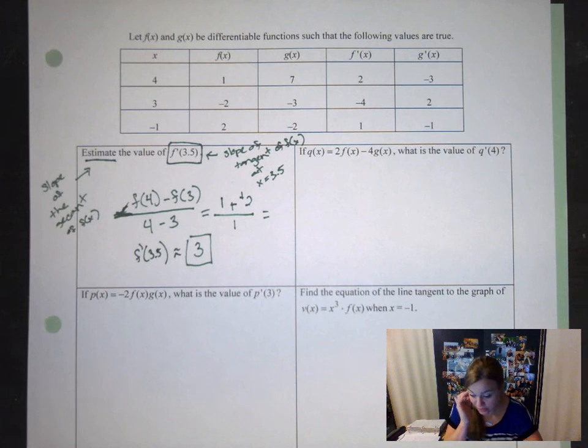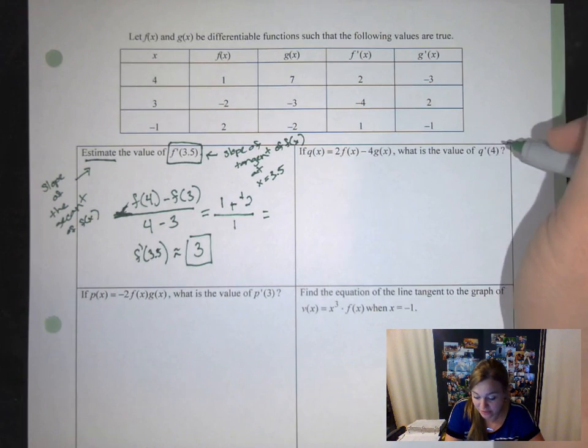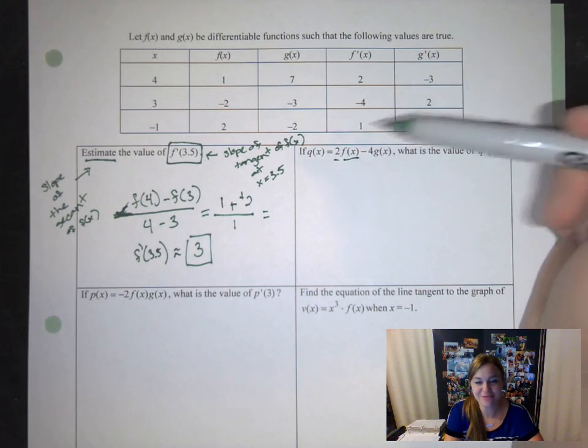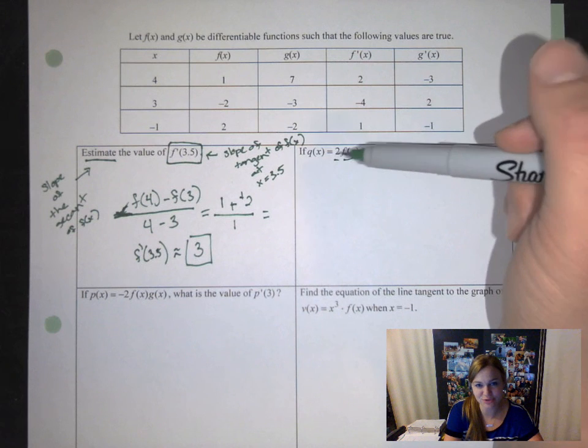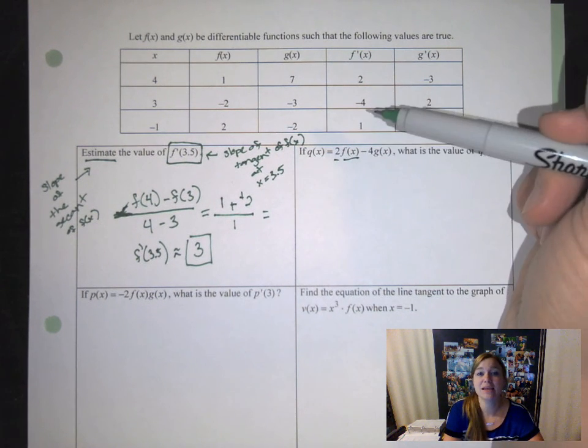Okay, let's do another one. So this one, if q of x is equal to 2f of x minus 4g of x. Well, this is a product, but if I did first times the derivative of the second plus second times the derivative of the first, what's the derivative of 2? 0.